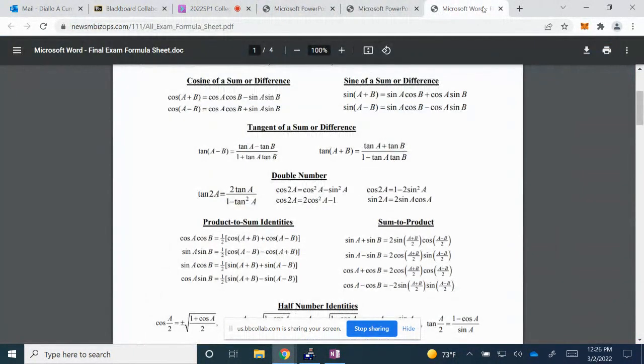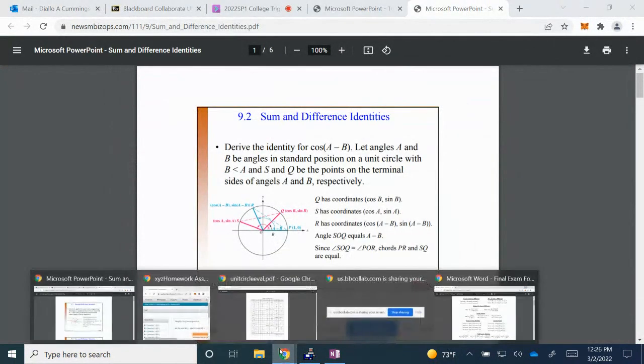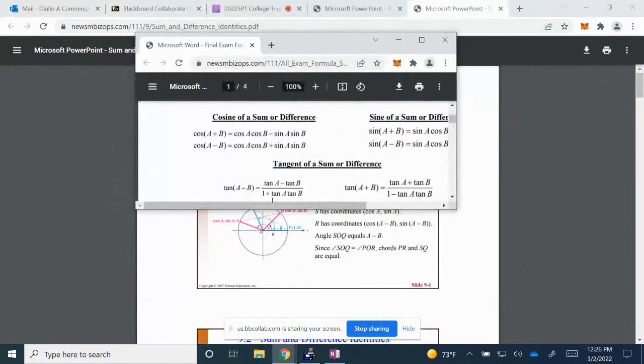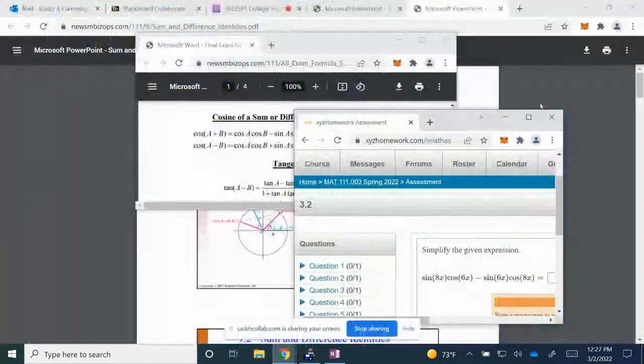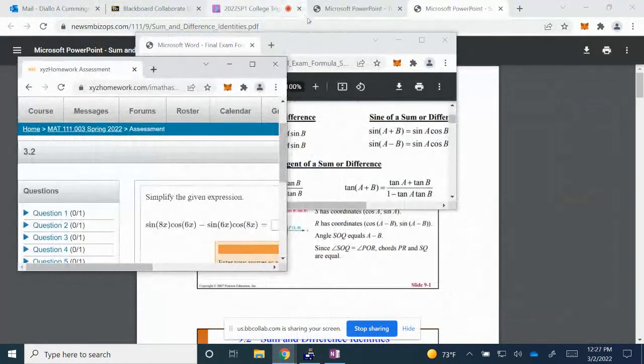And I'm going to bring up the formula sheet. Okay, give me a second. I'm going to get it together here. Okay, here are both pages up together.